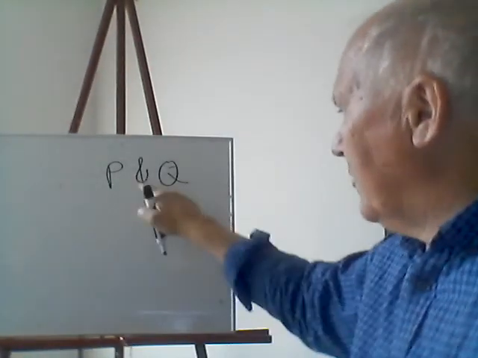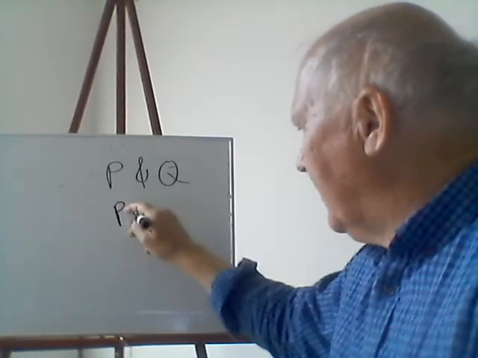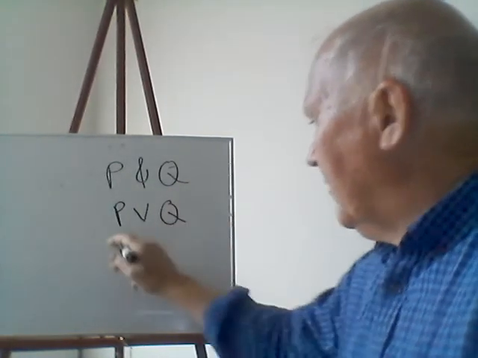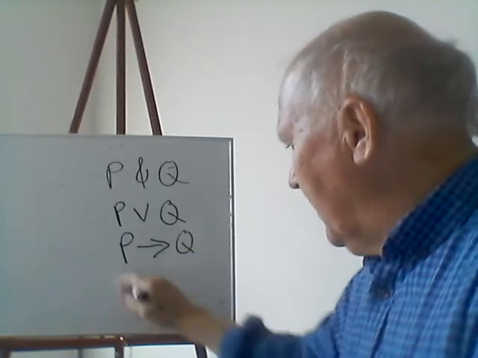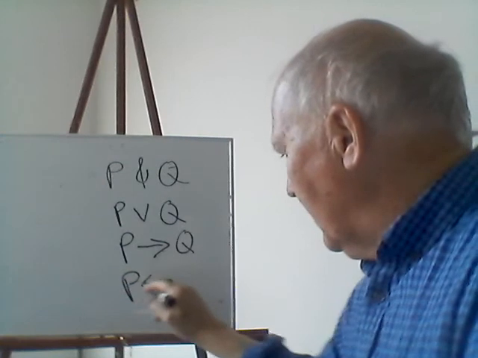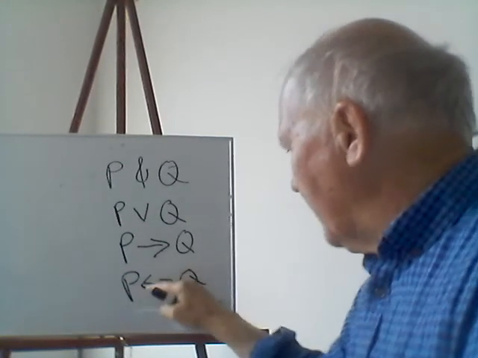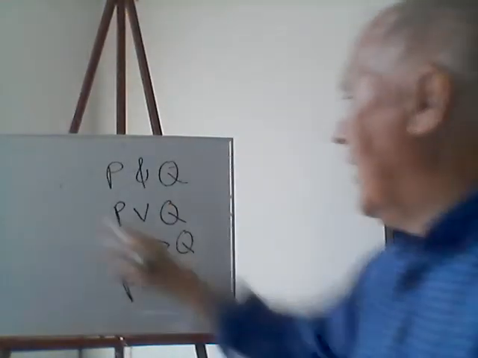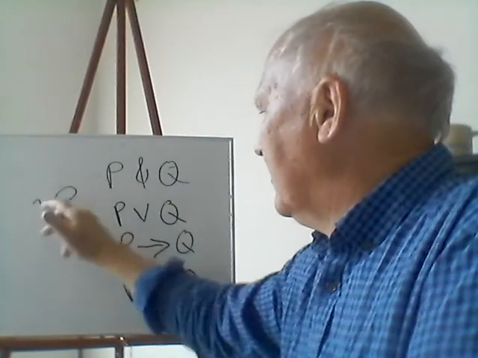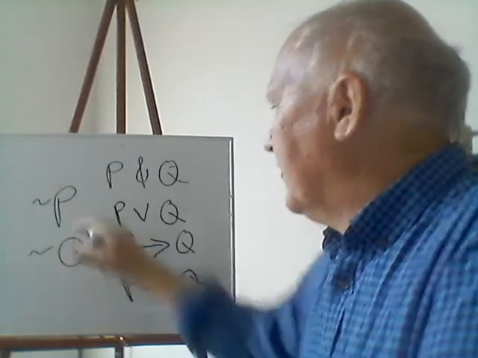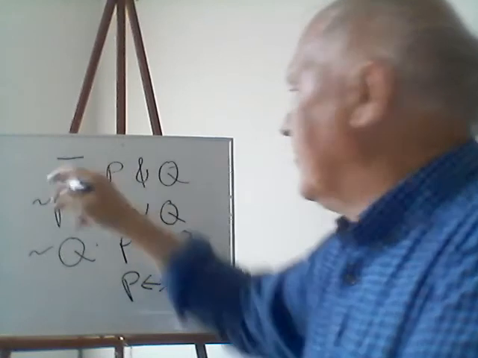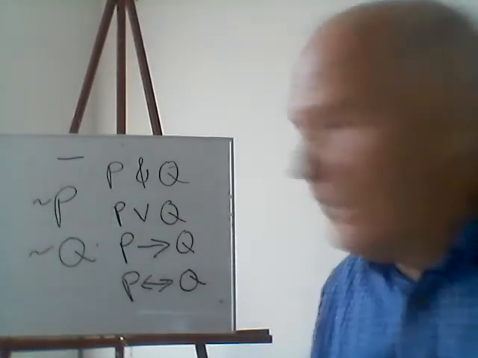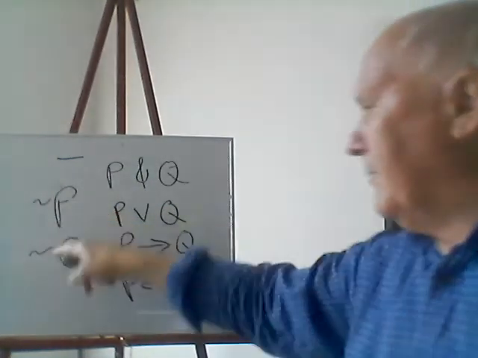That means P and Q, the ampersand, the V or the vel, P or Q, if P then Q, and P if and only if Q. That's a double arrow. That means if P then Q, and if Q then P, so it means both. And then not P or not Q. That's the tilde. In Canvas, I'll just use the dash because they don't have a tilde. So that means it's not P, not Q.